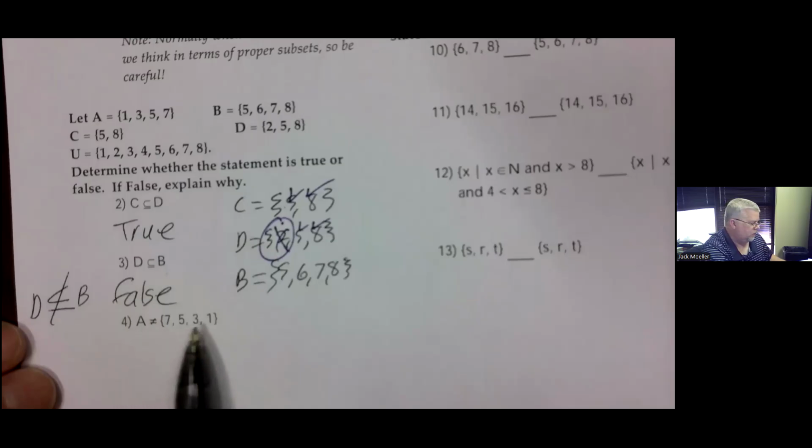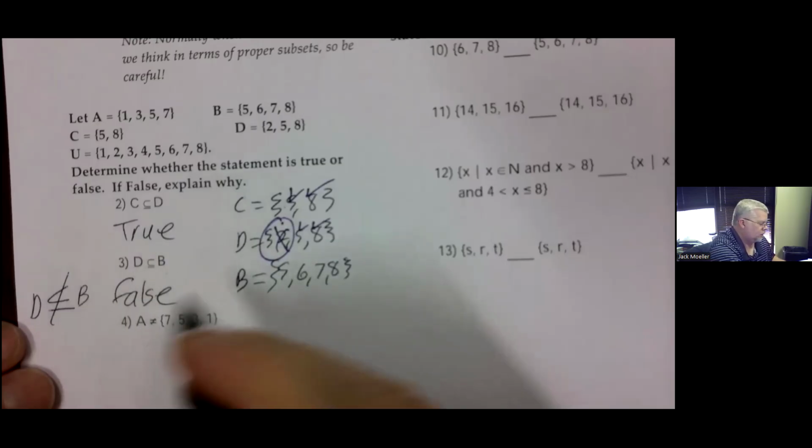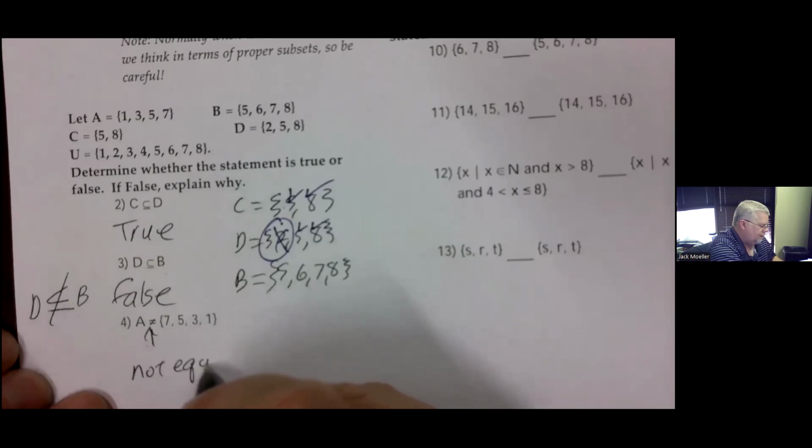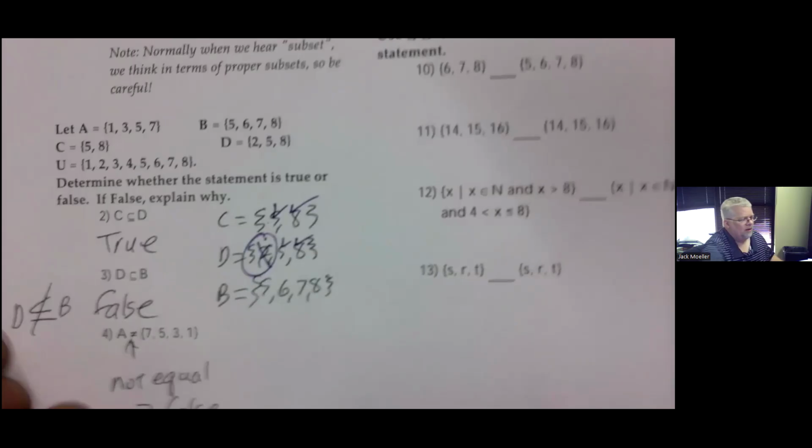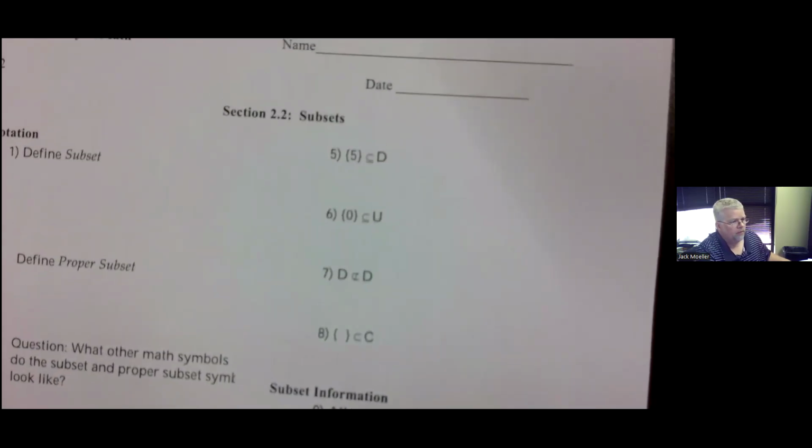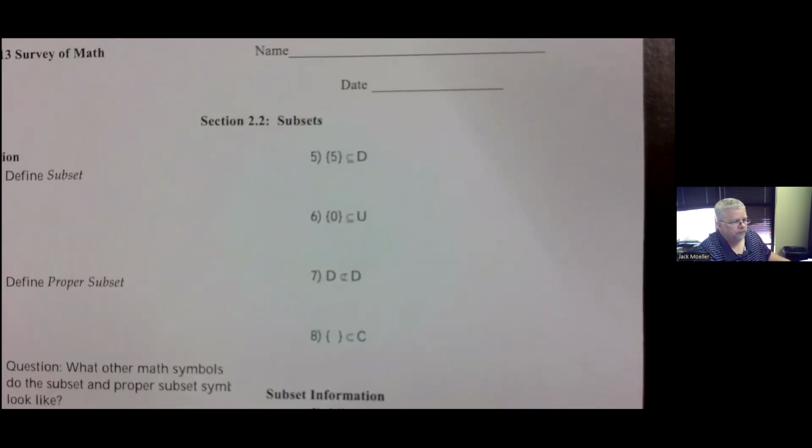A is 1, 3, 5, 7, so the set is equal, and the not equals makes this false. So that's one thing I don't like about true and false. Sometimes they almost feel like they're playing games with that. So you just got to slow down and be careful when you read it.